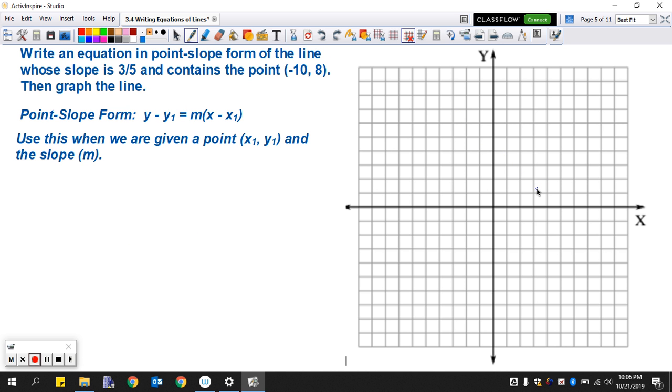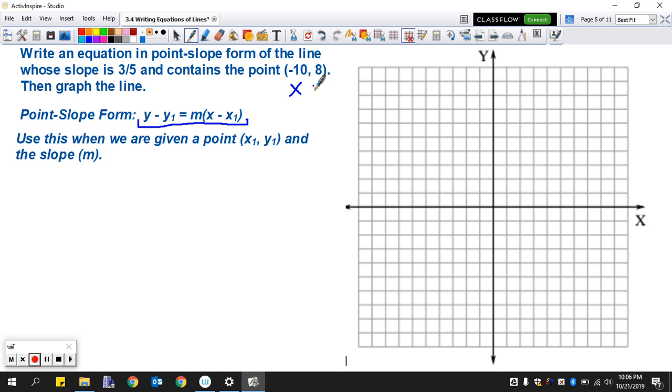The next example that we're going to do says to write an equation in point slope form. So it tells us we're going to write it in point slope form of a line whose slope is 3/5 and that contains the point negative 10, 8.